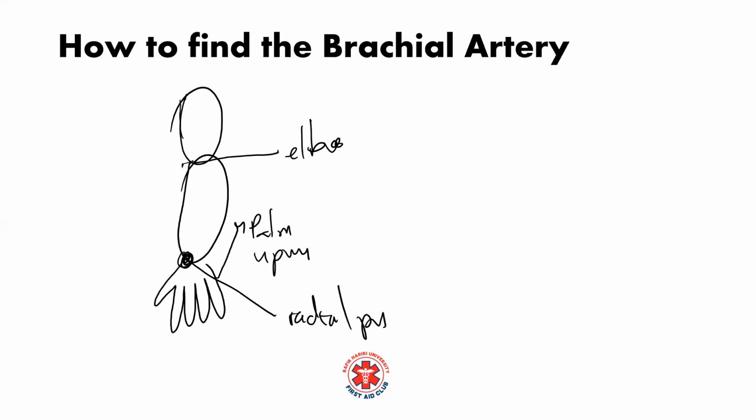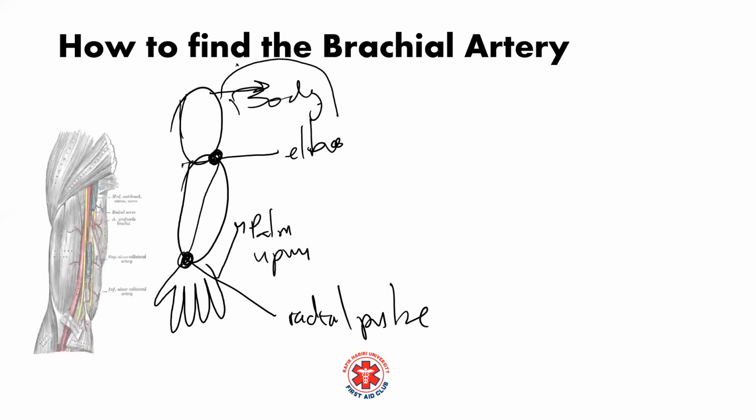And I draw, this is my body over here, a diagonal line with my finger to the inside of the arm. Between the bicep and the humerus, that's where my brachial artery is. That's the brachial artery. That's what I want to find. That's the one I'm going to listen to.